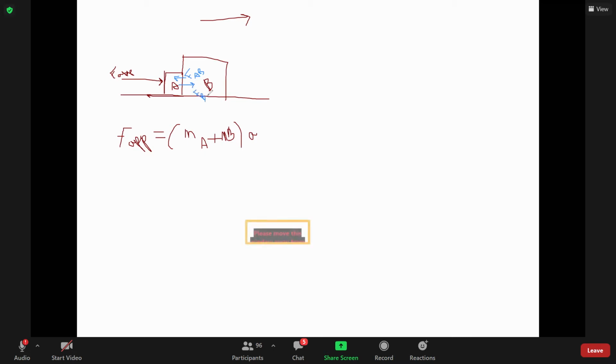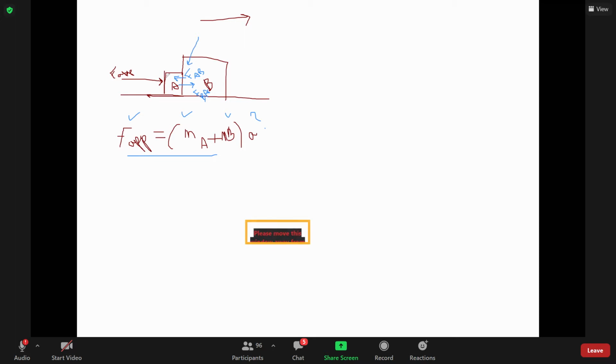Once I do this step, I basically say these two forces are equal and opposite, so they cancel out. By doing this step, if I know the applied force and the masses of A and B, I can get the acceleration. But once I get the acceleration, can I find those internal forces, the contact forces F_AB?